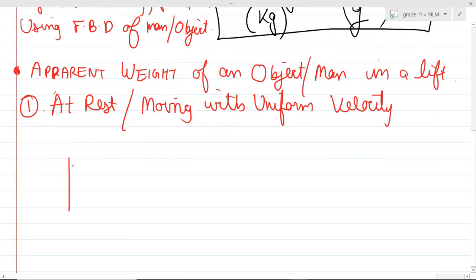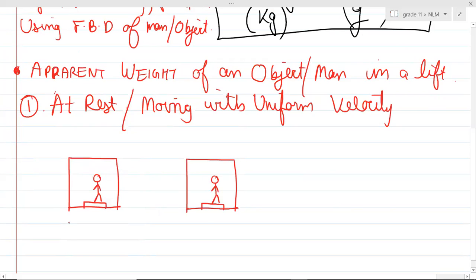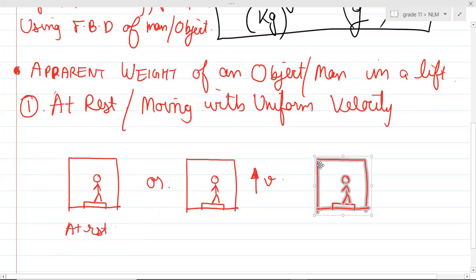So suppose first, the lift is initially at rest or it is moving with uniform velocity. Please remember, guys, if the lift is moving with uniform velocity, that implies that the forces are balanced, right? So suppose there is a lift and there is a weighing machine placed inside the lift and there is a man standing on it. Let's say this lift is either at rest, or it is going up with a constant velocity, or it is going down with a constant velocity.